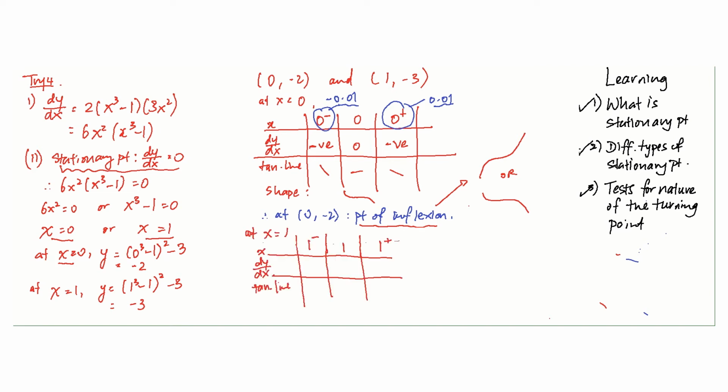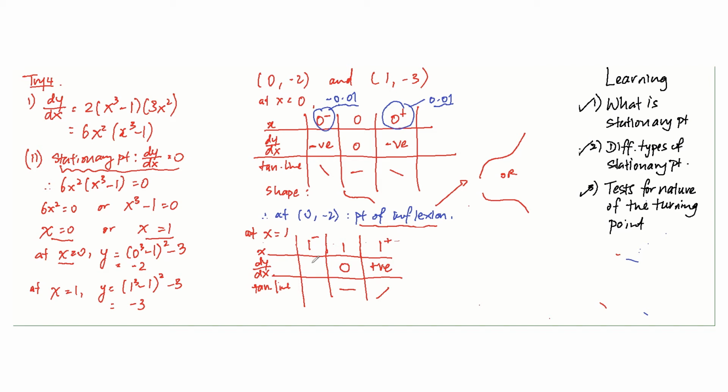All right, so for the second point, (1, -3), at x equals 1, my dy dx will be 0. That explains a horizontal tangent line. At 1 plus, when looking at 1.01 sub into dy dx, you should get a positive value and of course a positive gradient. For 1 minus, we're looking at 0.99.